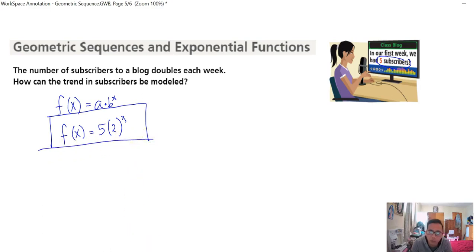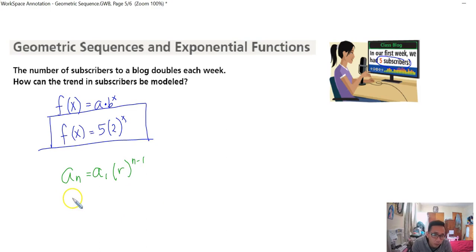We can also represent this one using a geometric sequence with an initial value of 5 and a common ratio of 2. So we can put there a sub n is equal to a1 times the common ratio raised to n minus 1. So if you will notice, I made use of explicit formula.